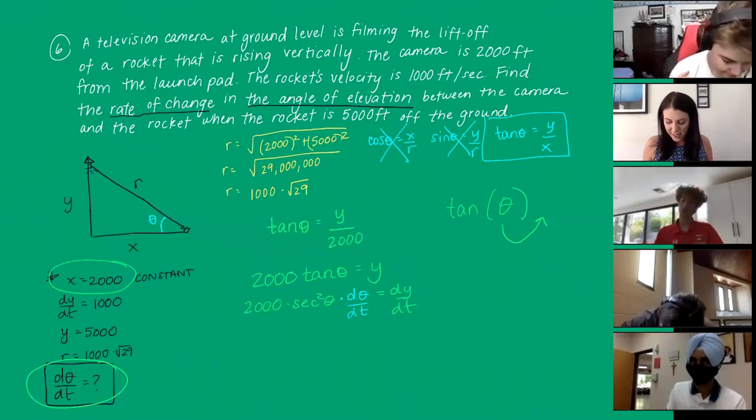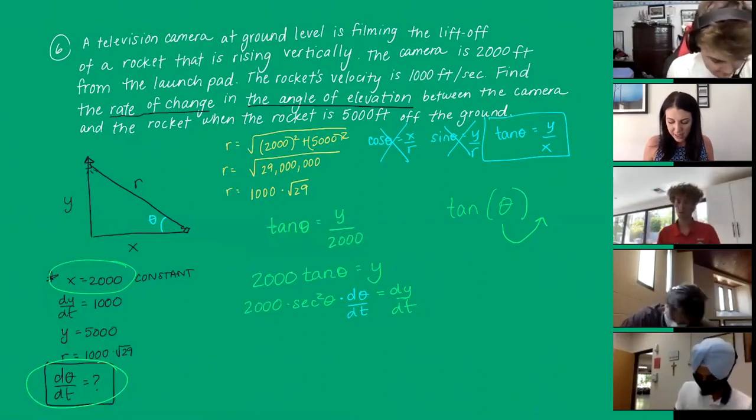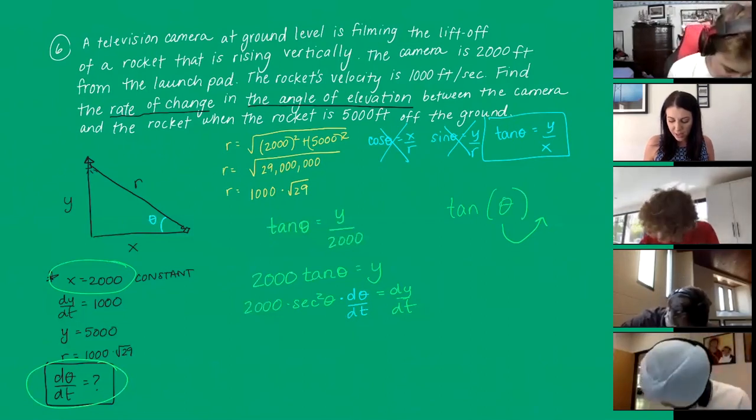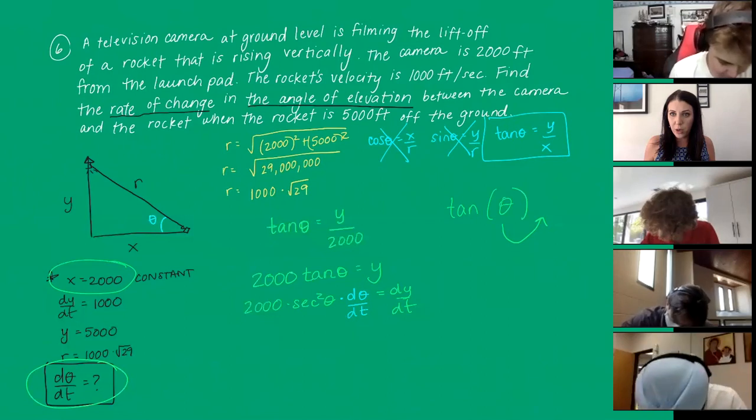So let's isolate these variables really quick. So I'm going to isolate my d theta dt. To do that, I'm going to divide over the 2000 and the secant squared. So I'm going to open up a new window just real quick. If you're wondering where did everything go, I'm just moving it around, okay?